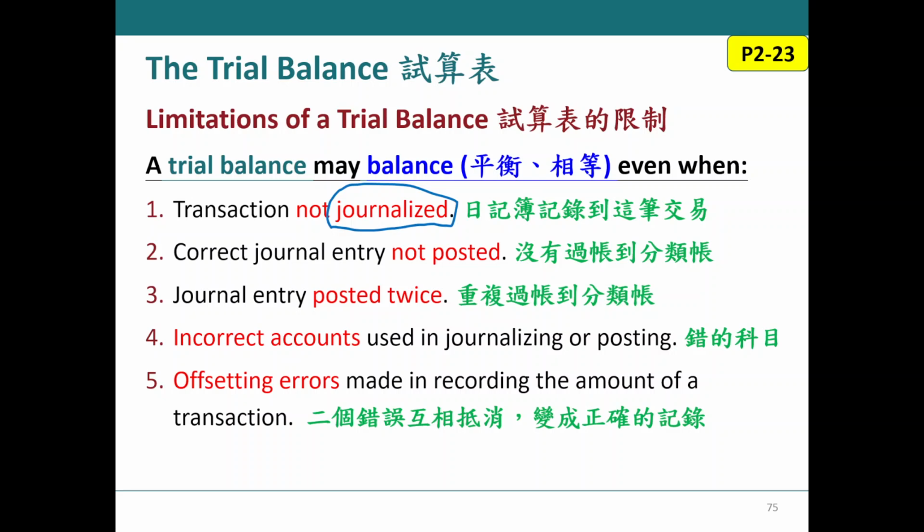So we call it journalizing 做分录. So when we want to record the transactions in our first accounting book, we use journalizing 做分录.